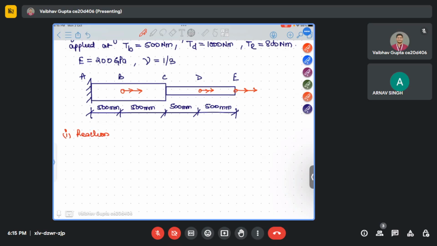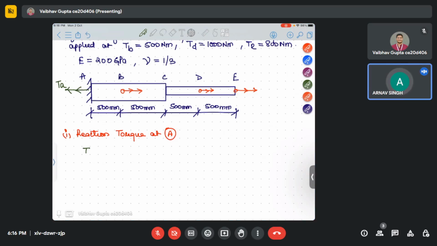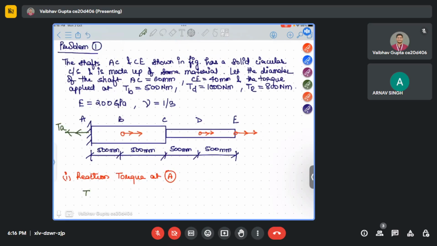the reaction torque at A. So suppose I say the reaction torque at A will be TA. But at TD it is 1000, right, and at TE it is 800? TE is 800 here.